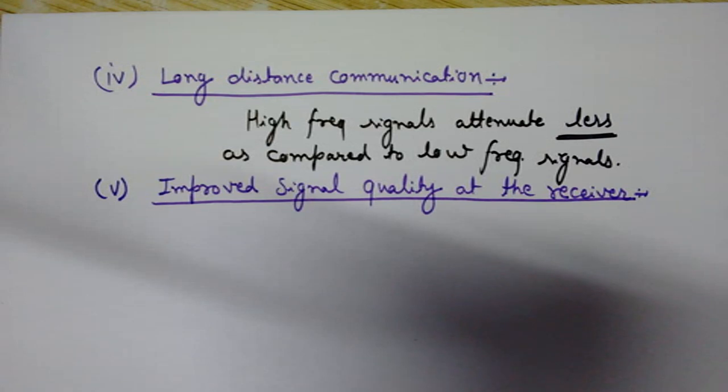So how it affects the signal quality. In modulation, there are various types of techniques like frequency modulation, FM, pulse code modulation, in short known as PCM, etc., which can be used to reduce the effect of noise on the signal when it travels through the medium. This reduced effect of noise results in the improved quality of the received signal at the receiving end.